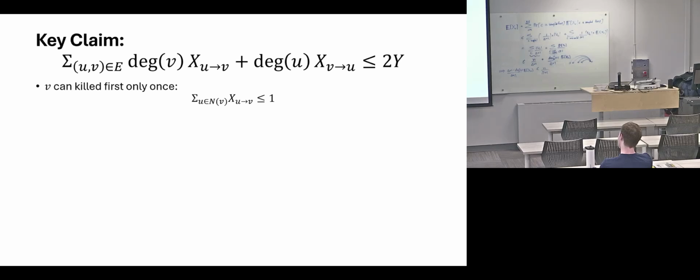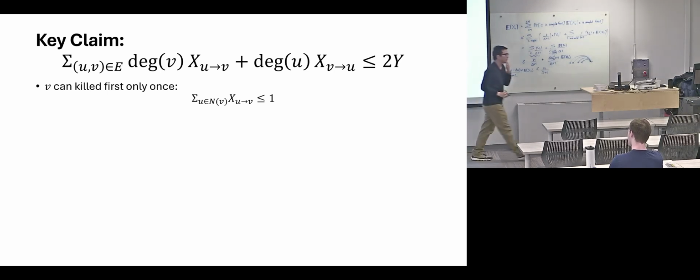I claim the sum of the event that u firstly qv, sum of this indicator that u firstly qv, summed over all neighbors of v, is just going to be at most 1. Because this is an event that u firstly qv, but there can be only one first neighbor. Like v is q'd for the first time only once.